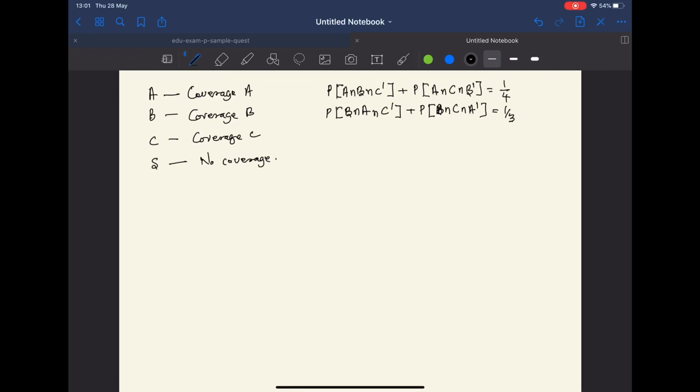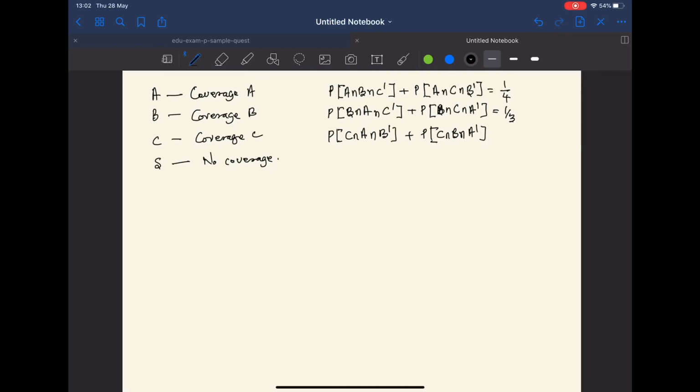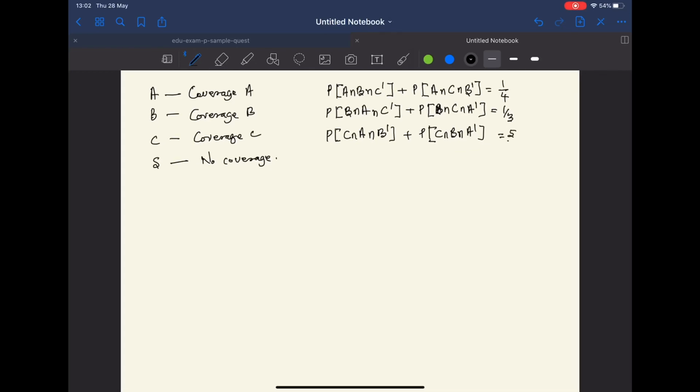The same applies for C, which is the probability of choosing C and A and not B, plus the probability of choosing C and B and not A, and that is 5 over 12. We agree with that.